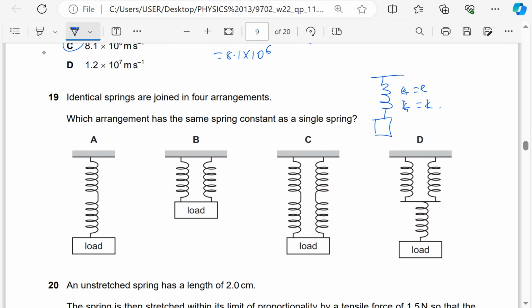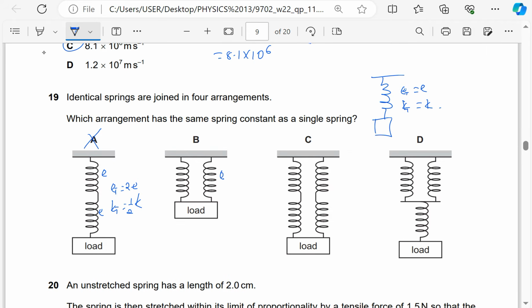Now if there are two in series, this is E, this is E, it means total extension is going to be twice E. Of course, total constant will be the reciprocal of the coefficient, which is 1 over 2 times K. So that means this is not true. Then here, if one spring extends by E, when you use them together, the extension reduces by a half.